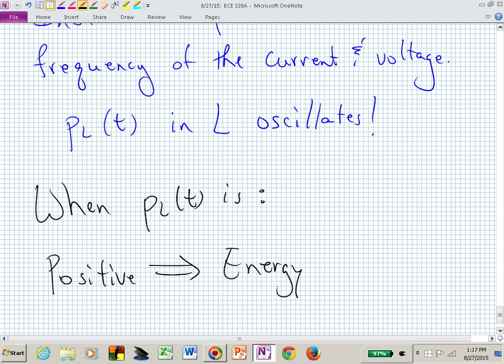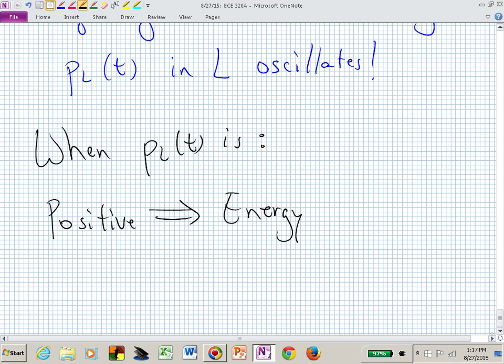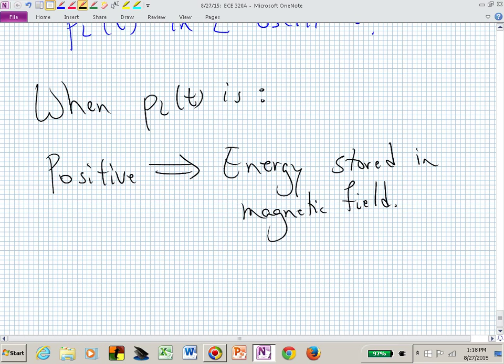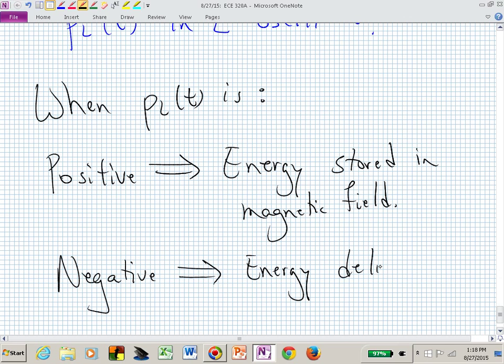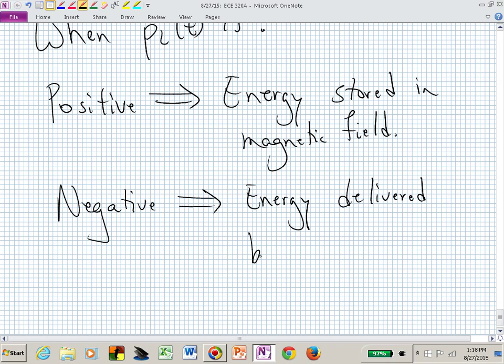P sub L of t is fluctuating: the energy is stored in the magnetic field when it's positive, and when it's negative, the energy is delivered back to the source.